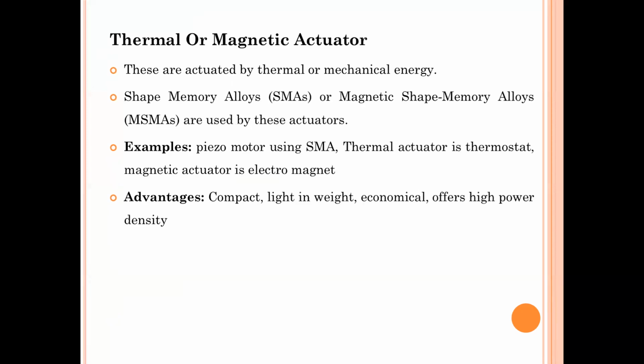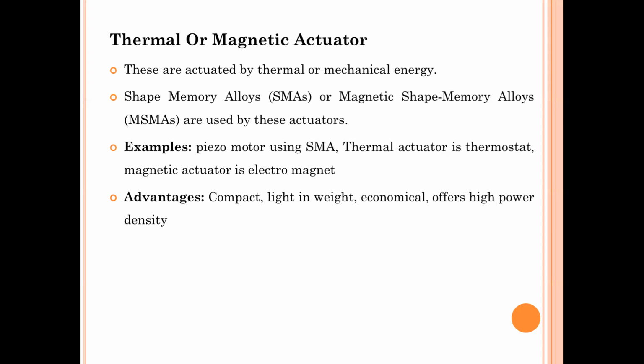Then the last type of actuator is the thermal or magnetic actuator. These actuators use thermal or magnetic energy and convert it into a motion, like linear or oscillatory motion. Shape memory alloys or magnetic shape memory alloys are used by these actuators.